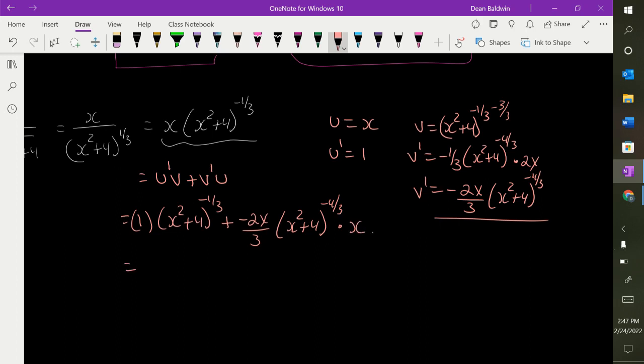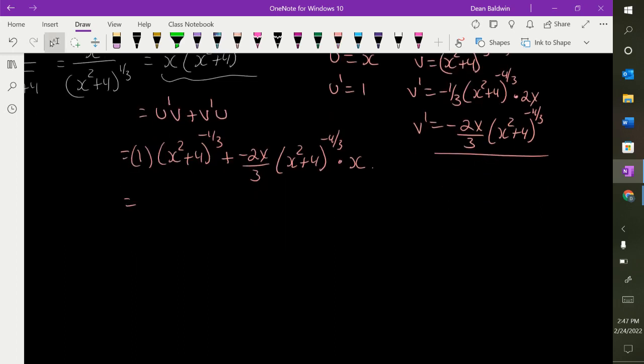So before I start simplifying it, I'm going to clean it up. The first one is just x squared plus 4 to the negative 1/3. This becomes minus 2x squared over 3 x squared plus 4 to the negative 4/3.